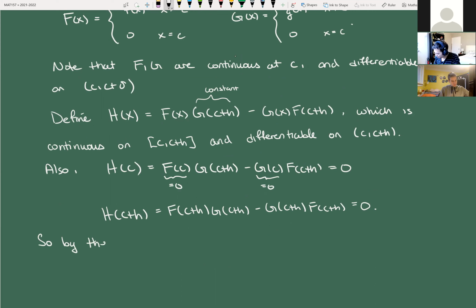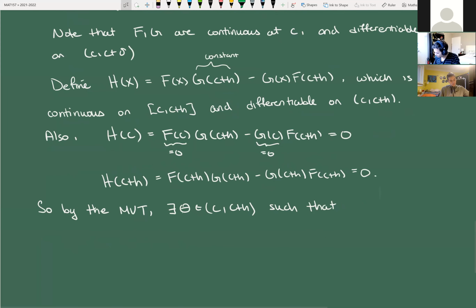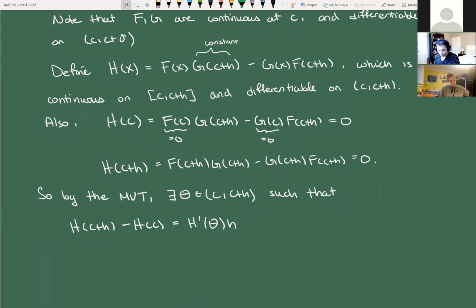So by the MVT, there exists some C in, oh no, I've already used C. I don't want to use C again. Some theta in the open interval C, C plus H, such that H of C plus H minus H of C is equal to H prime of theta times H, right?